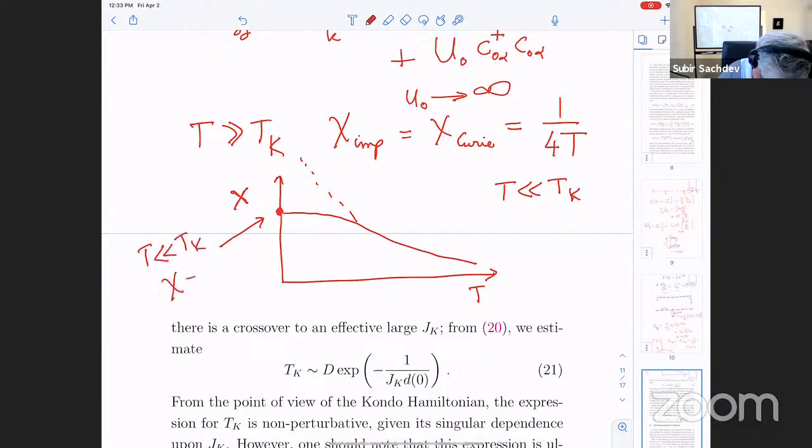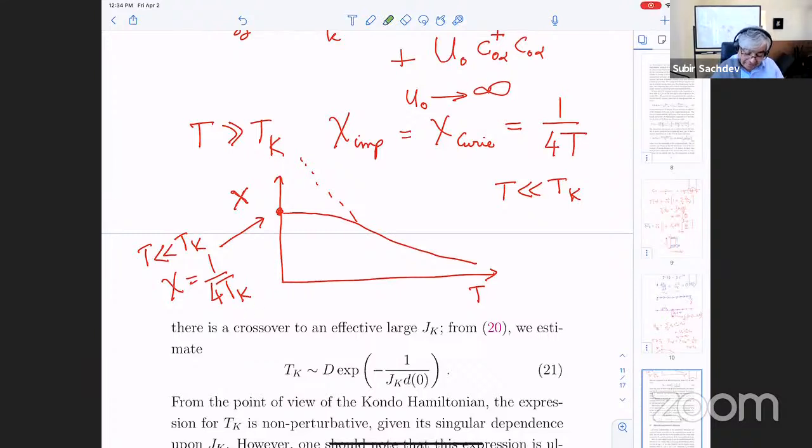And now chi is equal to 1 over, well, let's say 4 TK. So it goes from 1 over 4T, but when temperature becomes about TK, which is the confinement scale, it just saturates and becomes 1 over 4 TK. And this you can view even as the precise definition of what TK is. It's not the usual definition, but this is one possible definition.